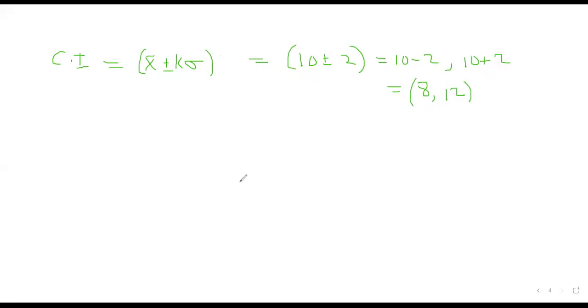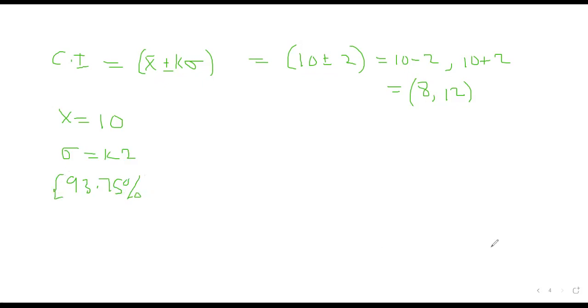So for instance, in this question, we'll be told that suppose the mean is 10 quarters, the standard deviation is 2 quarters. Find the confidence interval for which we are 93.75% sure.